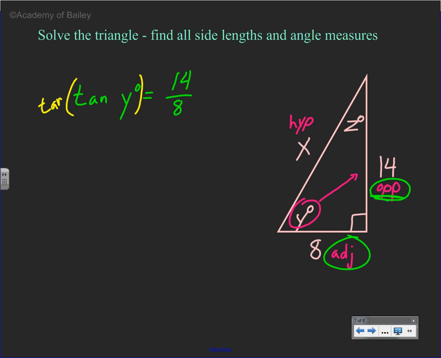You have to take tangent inverse to solve here. So the tangent inverse cancels out tangent, and we're left with y is equal to tangent inverse of 14 over 8, or 7 over 4 if you reduced. And so you need to use that here.